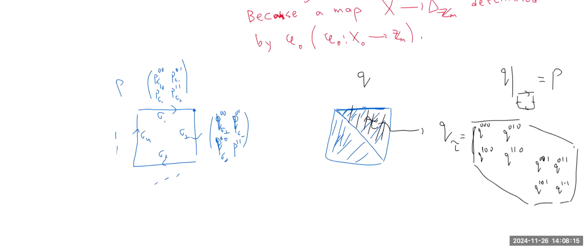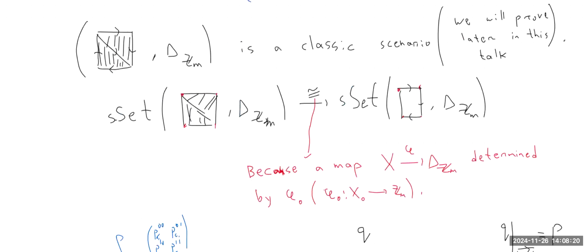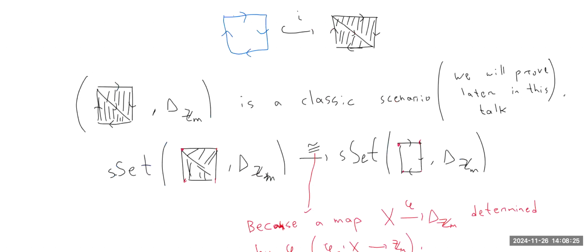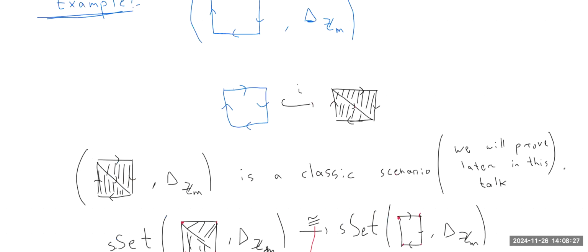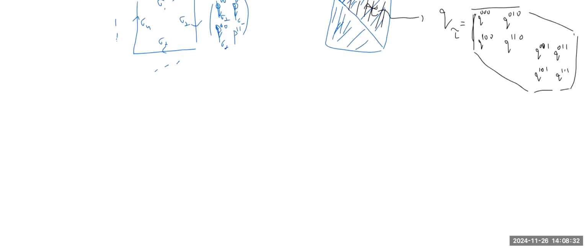But actually here we can see why it's sometimes good to go to the nerve instead of using this delta Zm. Now I want to take the same example, but represent it using the nerve. Now it also represents the CHSH scenario.